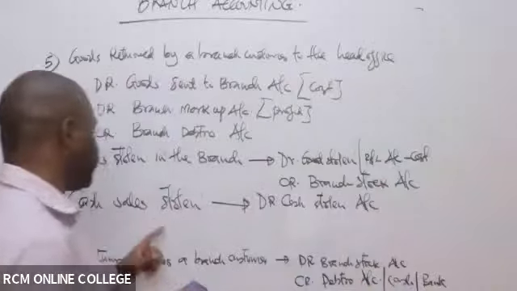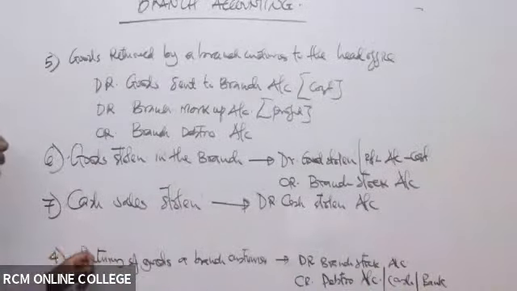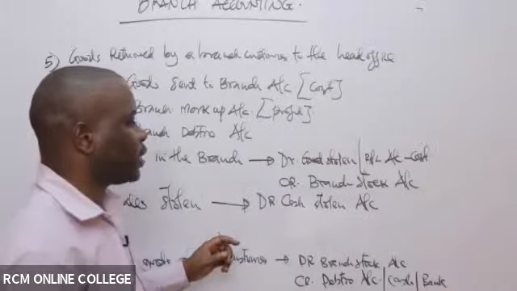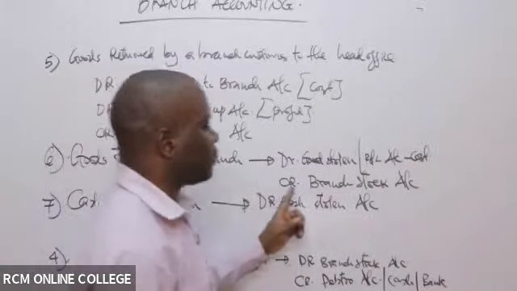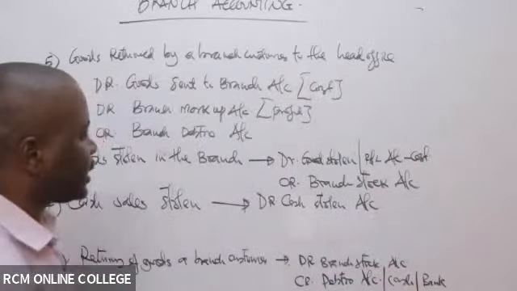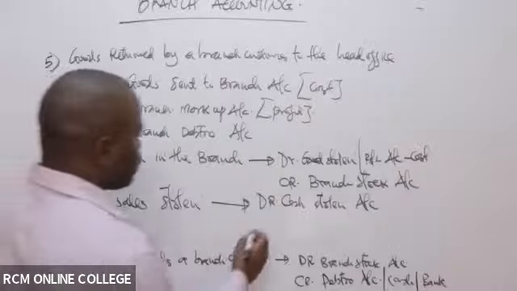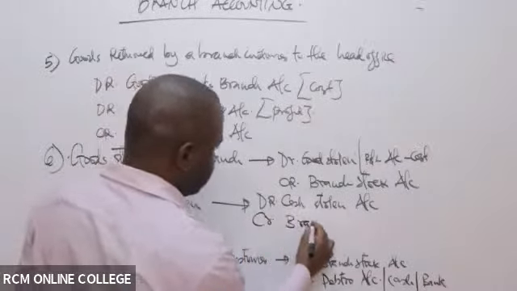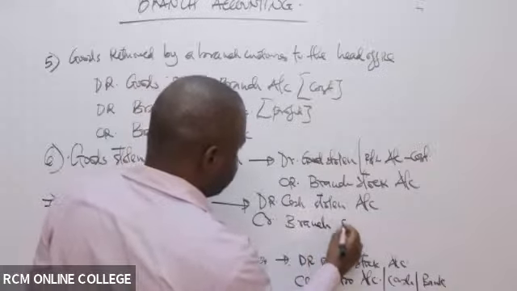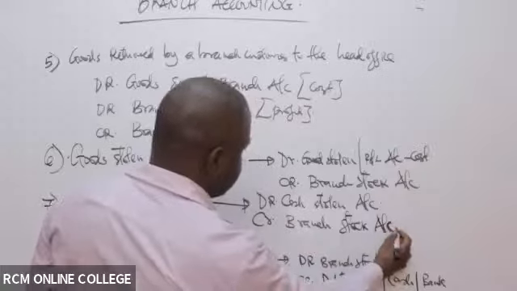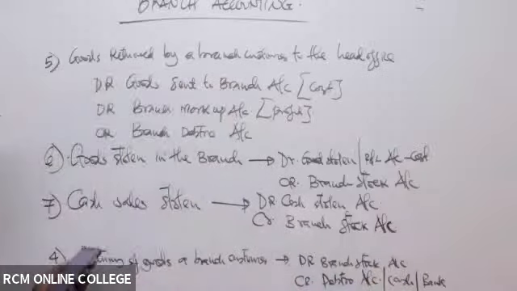So these sales that you've ended up losing, failing to be able to sell, it means this would have been part of the inventory you were supposed to have been able to sell at the branch. So it means you won't be able to realize it as a sale from the stock. So you'll credit the branch stock account. You'll reduce this amount from the branch stock account that you're selling. So you'll credit the branch stock account.